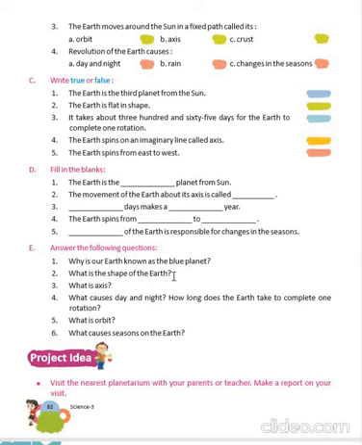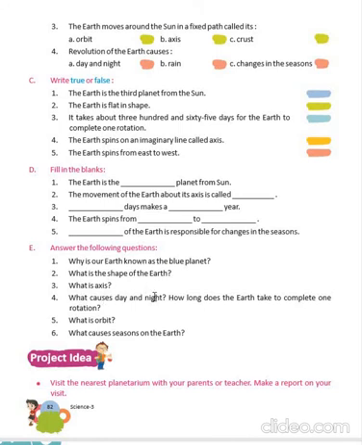What is the shape of the Earth? The shape of the Earth is spherical. What is axis? Axis is an imaginary line that passes through the center of the Earth. The Earth spins on its axis.